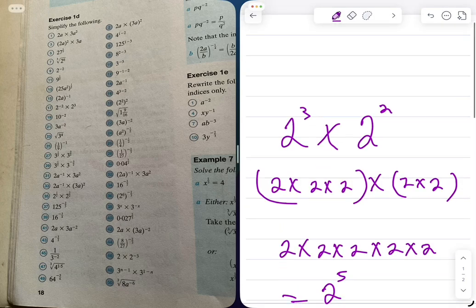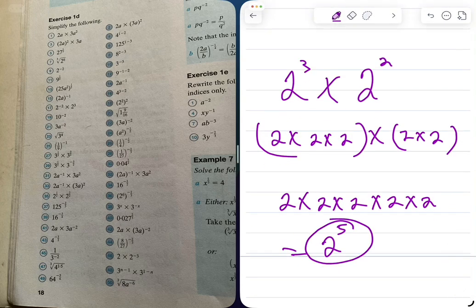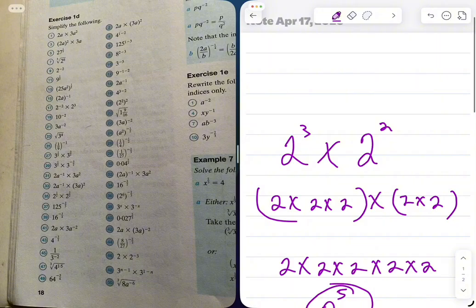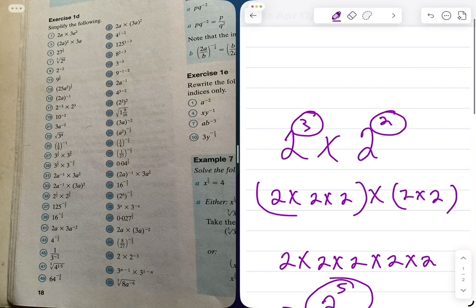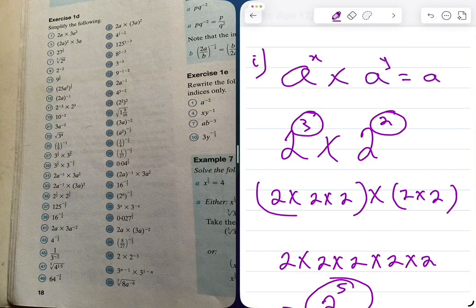So we'll say that this result is 2 raised to a power that is the sum of this power and this power. Let's call that the first one: a raised to power x times a raised to power y will be equal to a raised to power x plus y.